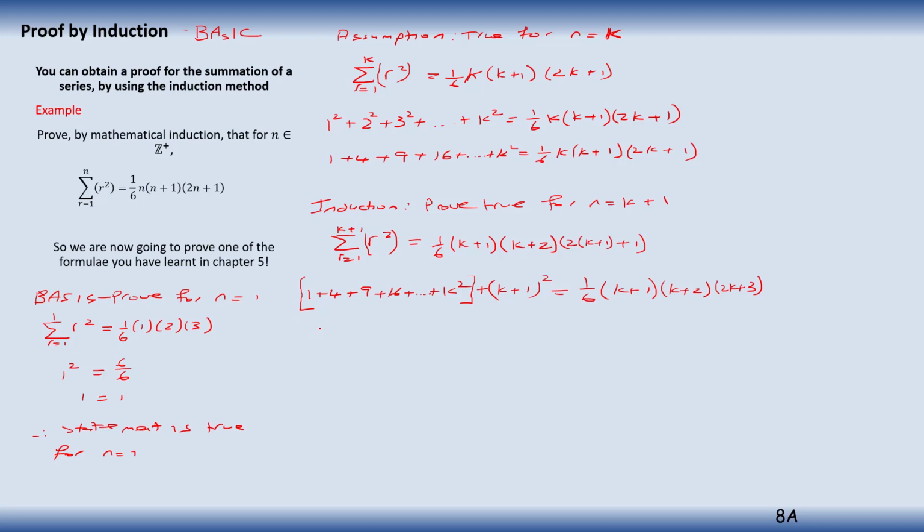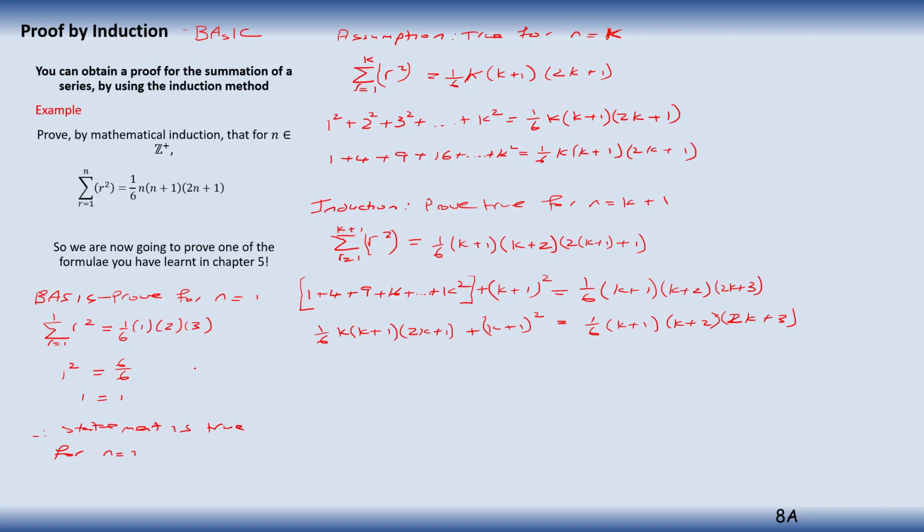So that means we've got a sixth of k, k plus 1, and 2k plus 1 plus k plus 1 squared. That's equal to a sixth, k plus 1, k plus 2, 2k plus 3. Okay.